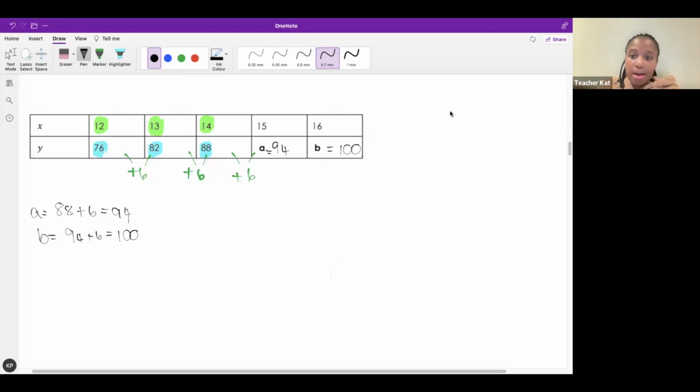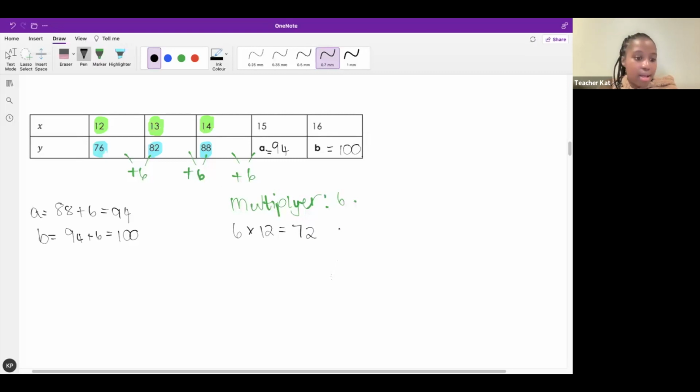Great. So we figured out A and B, but I still want my general formula. 6, once again, will be my multiplier. Positive 6. Okay. So let's start the first one. 6 times 12. How much is 6 times 12? 72.